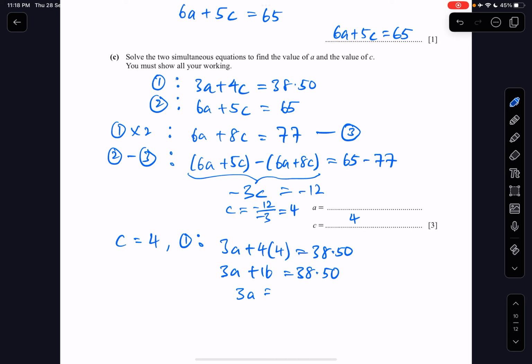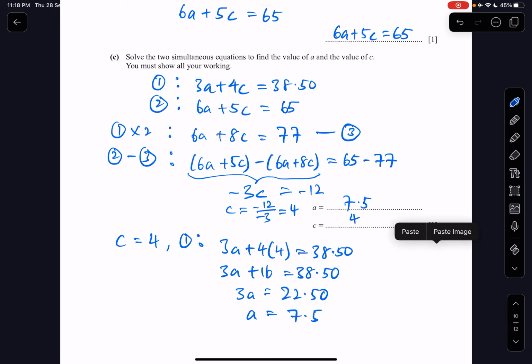When I work out 3A, 38.50 minus 16, I'll have $22.50. Then I divide by 3, $7.50. So A is $7.50. All right, let's move on.